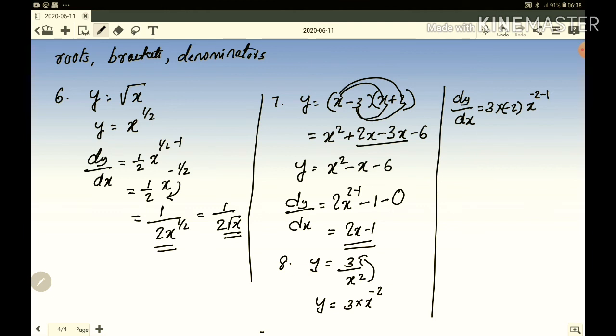Whatever is the power, we have to subtract 1. That is the method. So it is going to be 3 times minus 2 is minus 6, x to the power minus 3. Now, because of the negative power, change it. This is the answer actually, but you cannot leave the answer with a negative power. Just practice like that. Minus 6 will be there in the numerator. This will go down, that is x to the power 3. This is the answer. So that's how we do it.